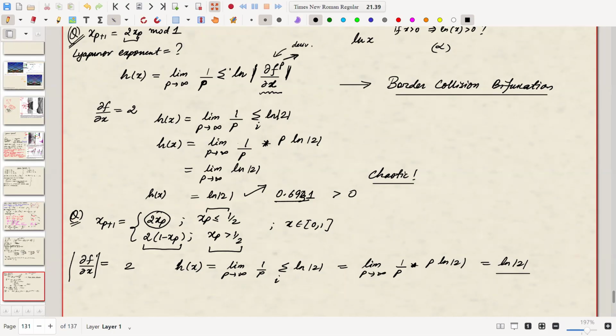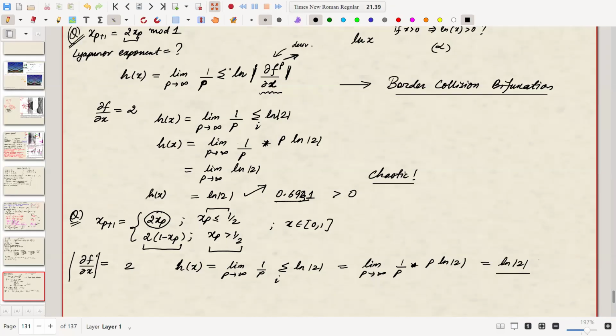So for this discontinuous map also, you are getting the same Lyapunov exponent as the previous map. It's a coincidence that the two maps have the same Lyapunov exponent, giving a sense that the trajectory divergence is also of a similar fashion.